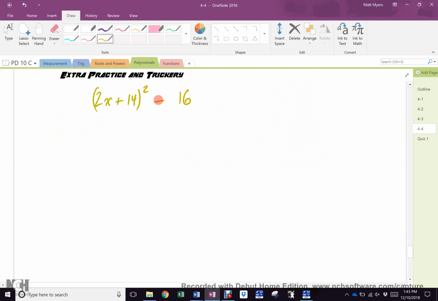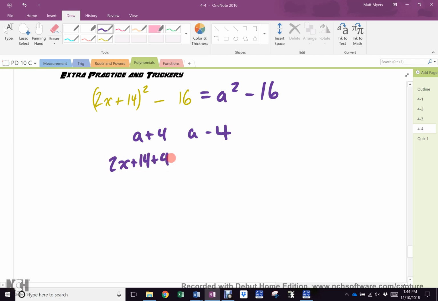Squared minus squared. What? I, of course, would write this as a squared minus 16, which would be a plus 4, a minus 4, which would, of course, be 2x plus 14 plus 4, 2x plus 14 minus 4, which would be 2x plus 18, and 2x plus 10.